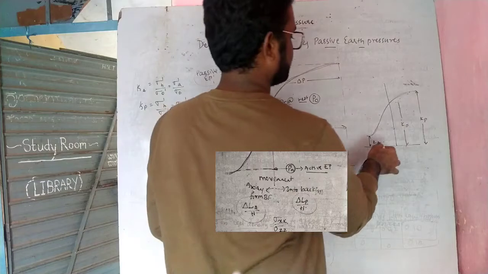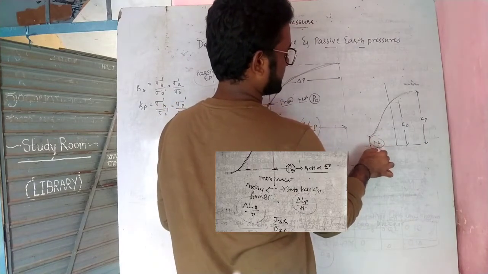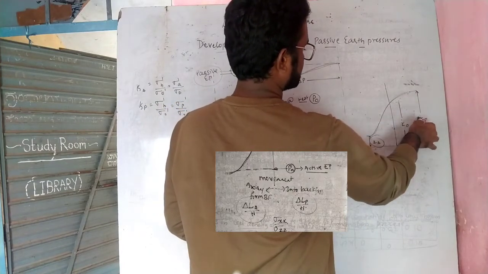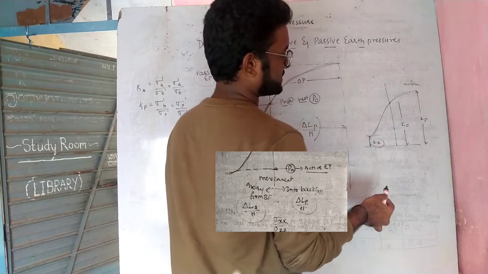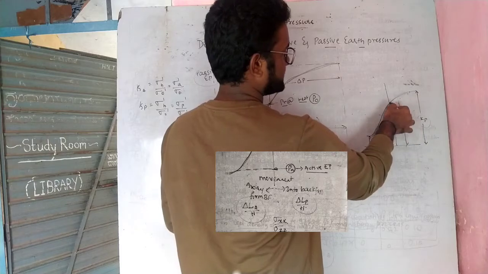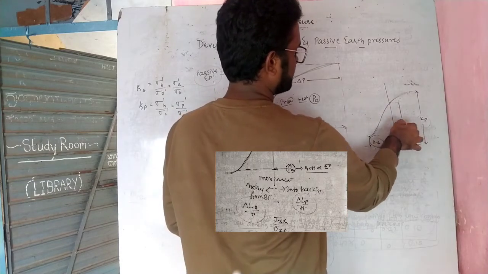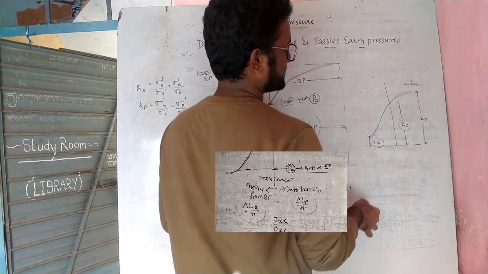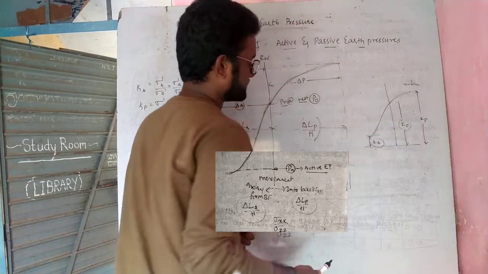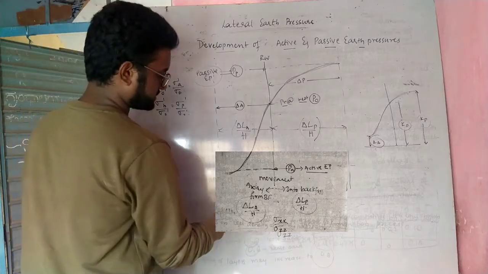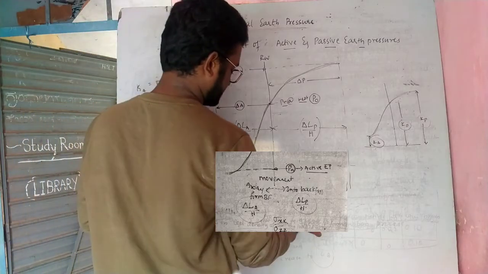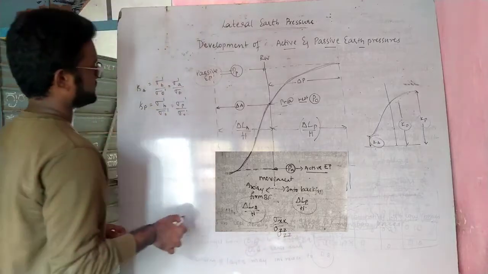Here you can see the constant for active earth pressure is Ka, the constant for passive earth pressure is Kp, and at the point of intersection, from this distance till the base, the earth pressure constant at rest condition is K0. This is the schematic representation, delta LA by H, delta LP by H.